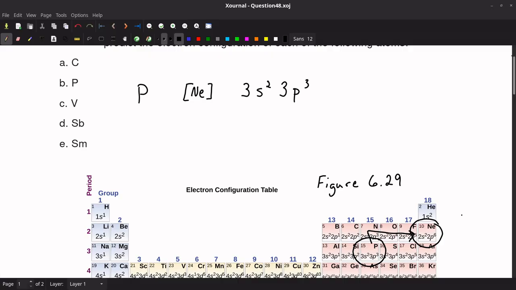What we're going to need to do is to replace neon with this, and then just like we added neon onto the phosphorus, we're going to have to add helium onto the neon.